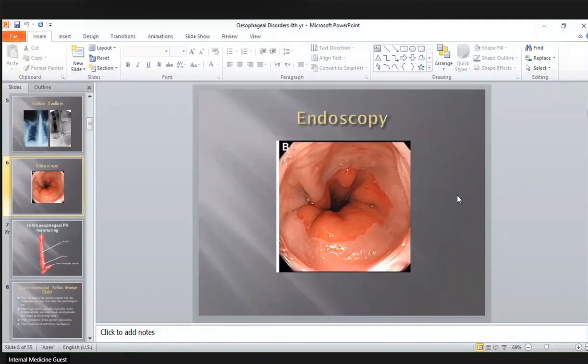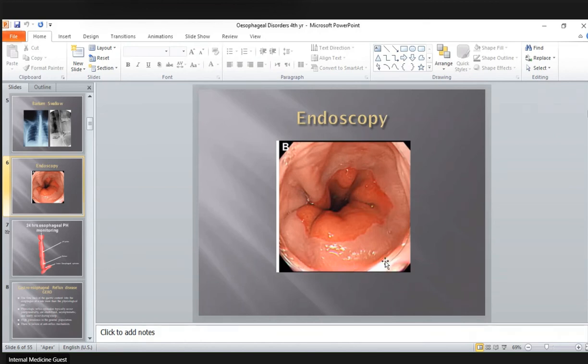This is a picture of the gastroesophageal junction during endoscopy. You can see the color difference. Here is a little bit whitish, here is more dark reddish in color. Now this is a specialized gastric type lining, and this is the stratified squamous epithelial lining of the esophagus.